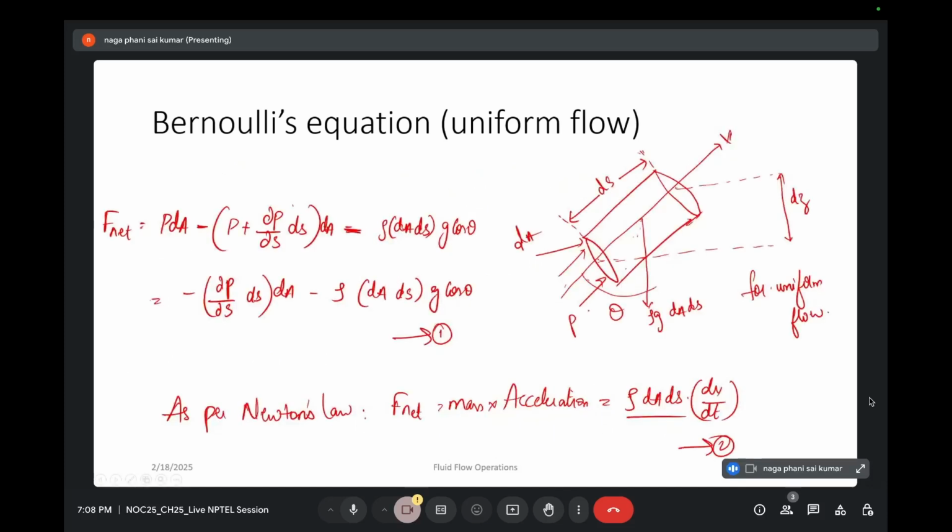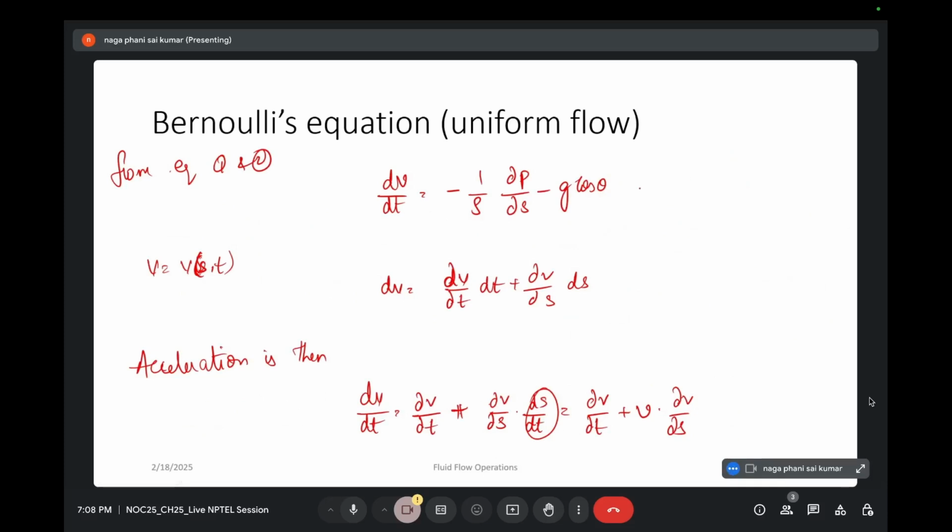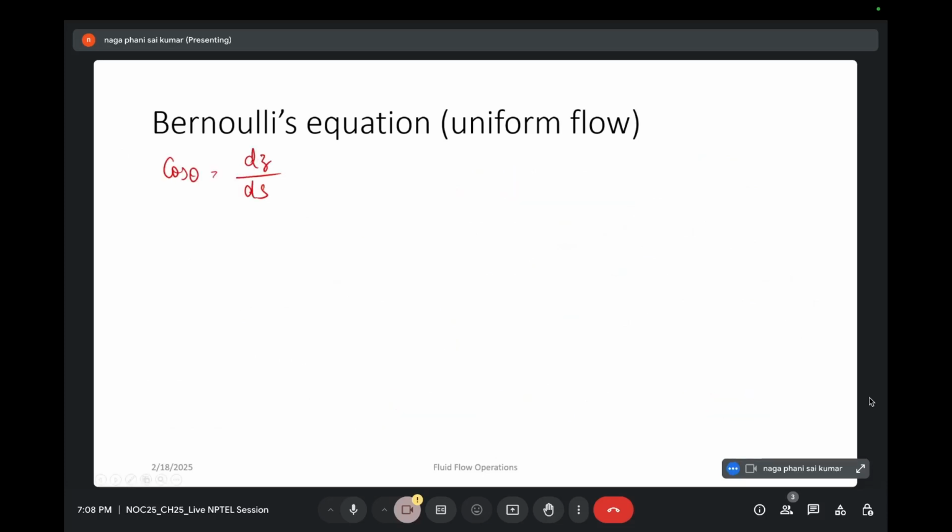This is 1, 2, this becomes 3, this is 4, and this is 5. Let's say this is equation 6. So let's take equation 3 and equation 5.